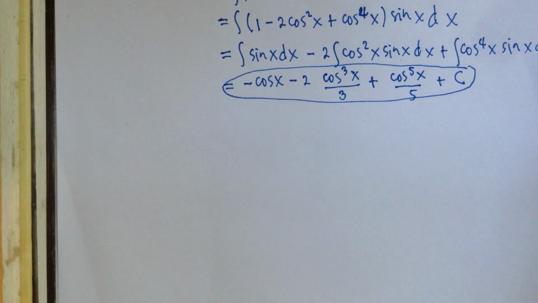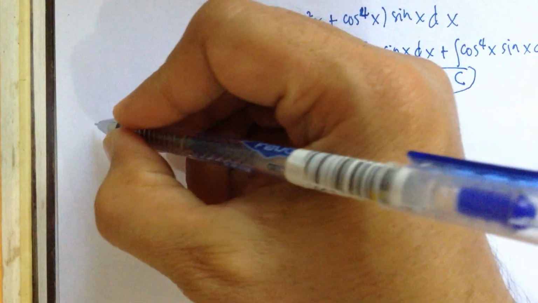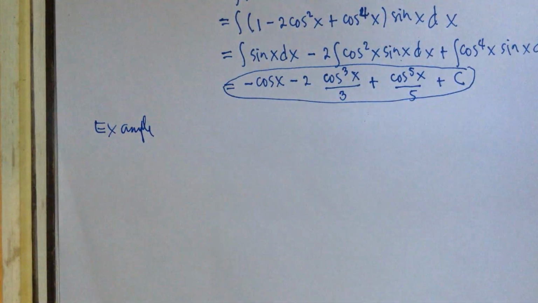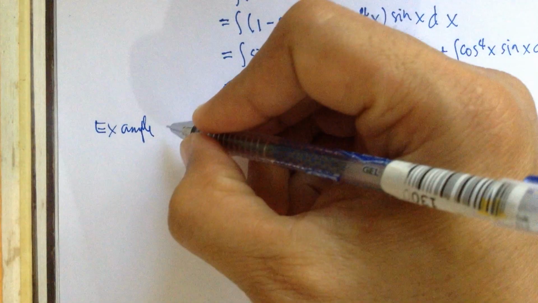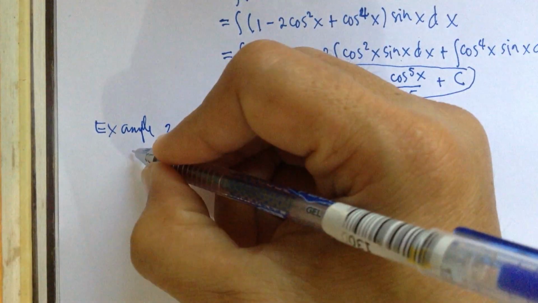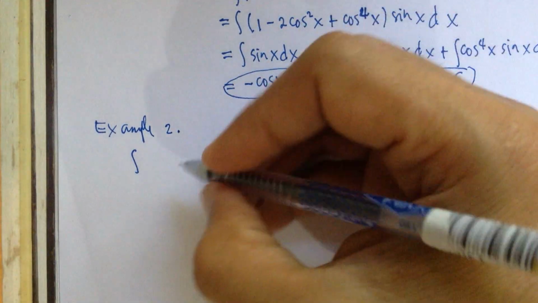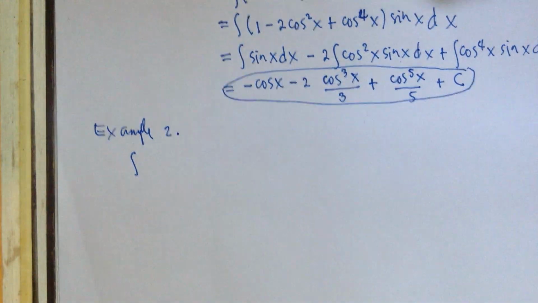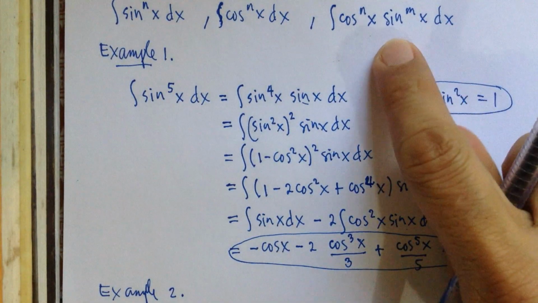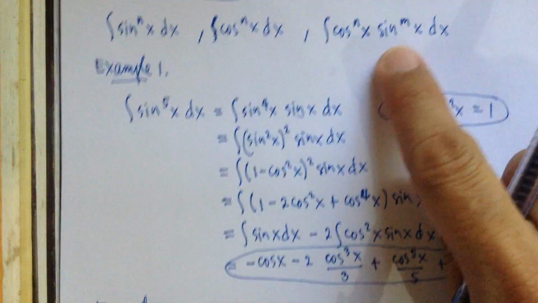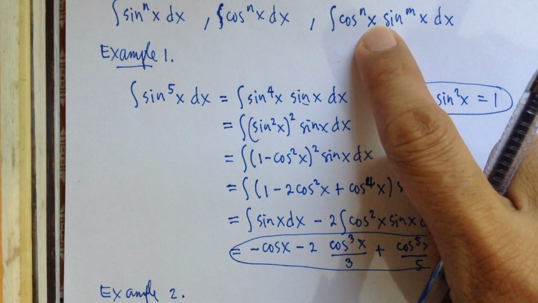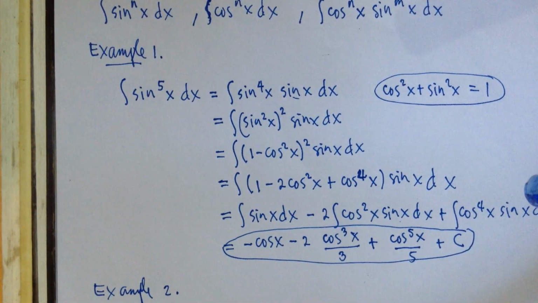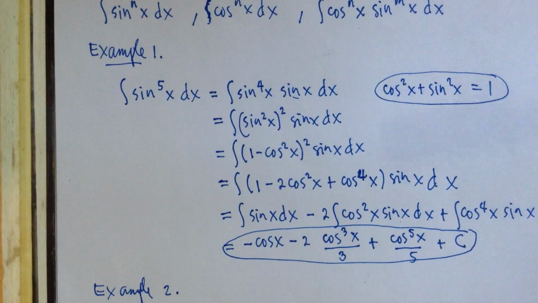Next problem here, for example number 2. Let's consider the case where we have the form integral of cosine to the n of x sine to the m of x dx, where one of n or m is odd, or n and m could both be odd.